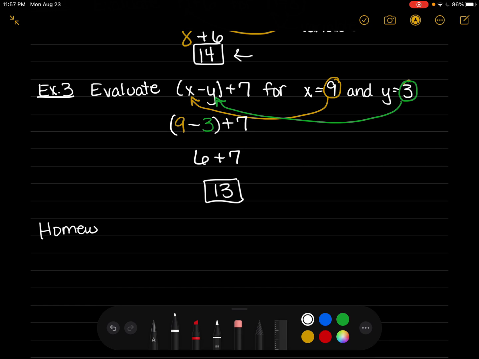Your homework is going to be to do pages 4 and 5, numbers 1 through 31, odds only. Remember, odds are like 1, 3, 5. So those are the ones you're doing, only the odds for your homework.